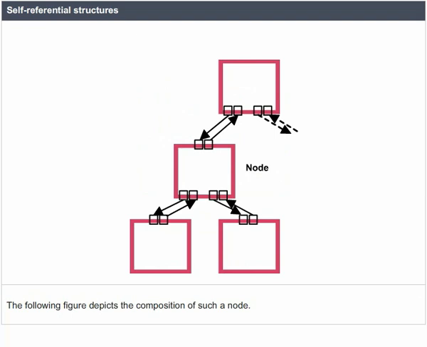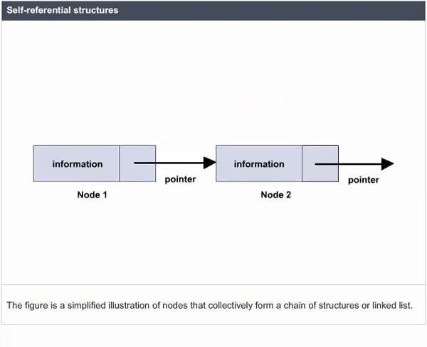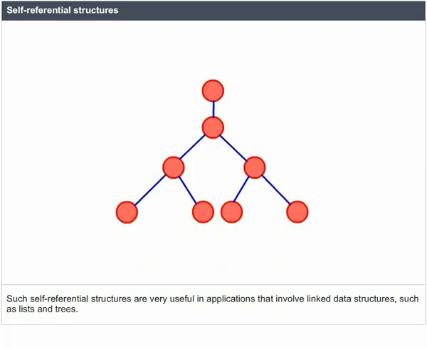The following figure depicts the composition of such a node. The figure is a simplified illustration of nodes that collectively form a chain of structures or linked list. Such self-referential structures are very useful in applications that involve linked data structures such as lists and trees.